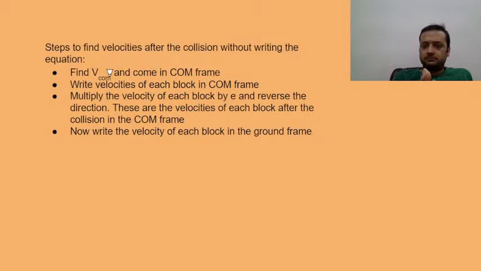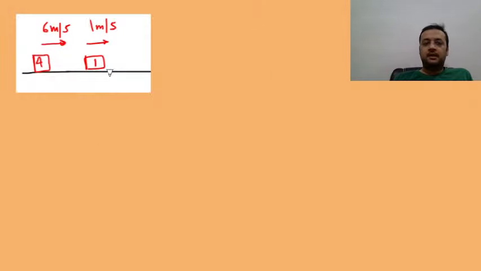Find the velocity of COM, go in the center of mass frame, write the velocity of each block in the COM frame, multiply by e and reverse the direction of each velocity which you have written in the COM frame. These will be the velocities after the collision in the COM frame. Now write the velocities of the blocks in the ground frame since you know the velocity of the COM. So let's do this question now.